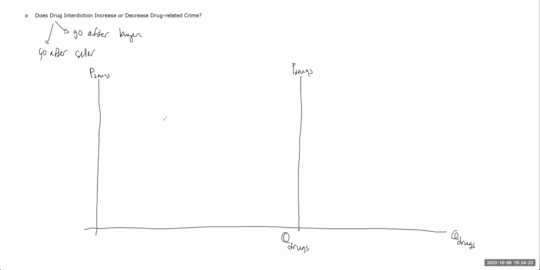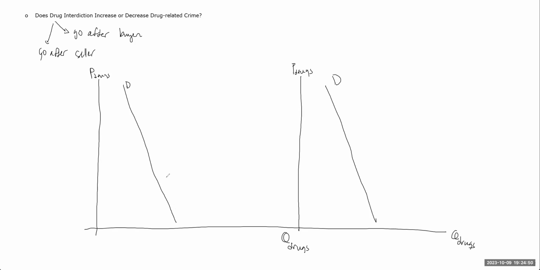Even if the price changes a lot, your consumption of drugs stays about the same, because crack is very addictive. So I'm going to draw a very steeply sloped demand curve. We draw it here too. Supply, we'll just say it's the usual 45-degree line.